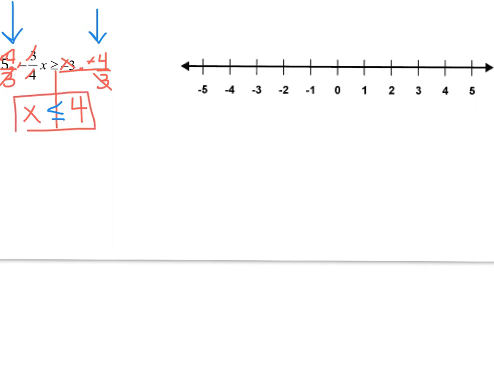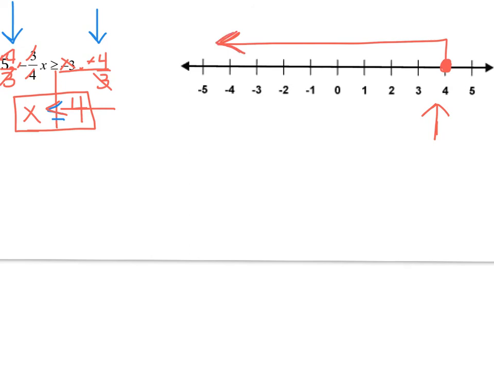My variable is on the left, so I'm good there. So I'm going to find a positive 4, and I'm going to draw a closed circle, because you have that equal to symbol. So closed circle at positive 4, and it's going to point the same direction as that inequality. So it's going to point to the left. That was a long arrow there.